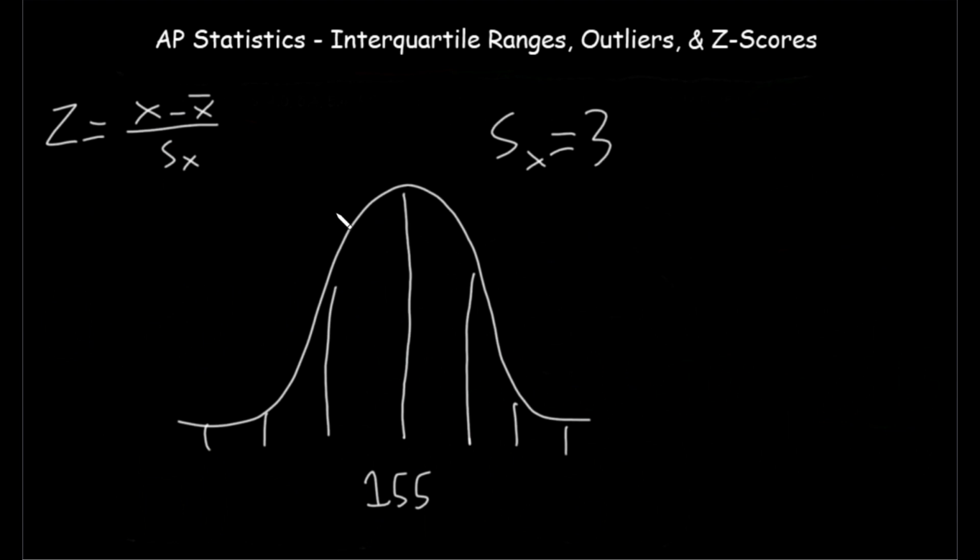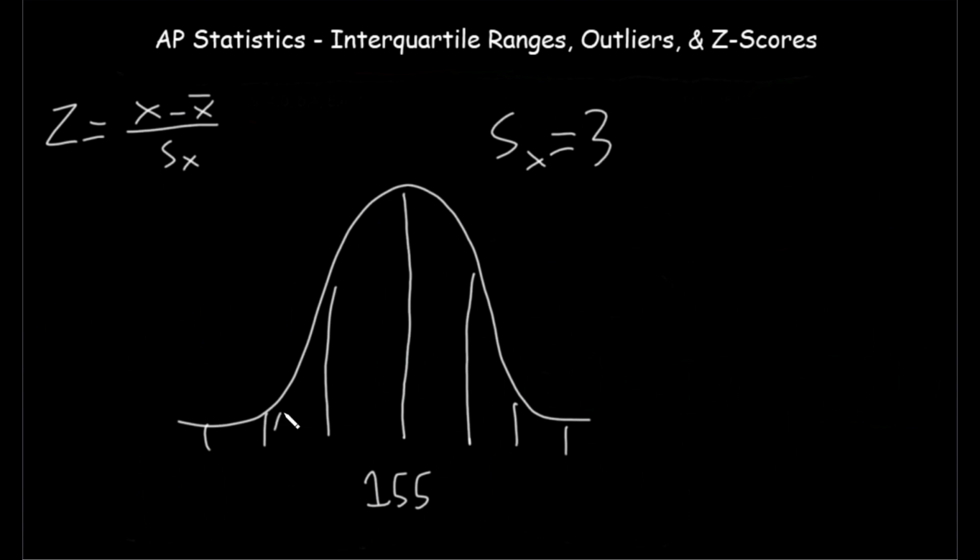So let's say you end up in any of these two spots. This is 34, 34. So this altogether makes up 68% of the entire sample.